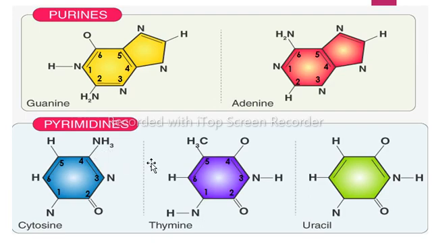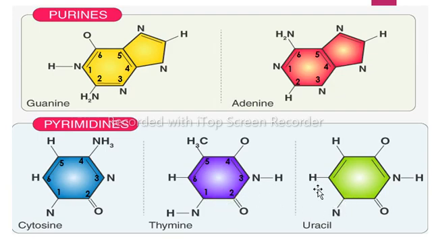Next is thymine. Thymine is denoted by T and is present in DNA only. In biochemistry we call it 2,4-dioxy-5-methyl pyrimidine, or it is also called 5-methyl uracil because of its structural similarity with uracil.